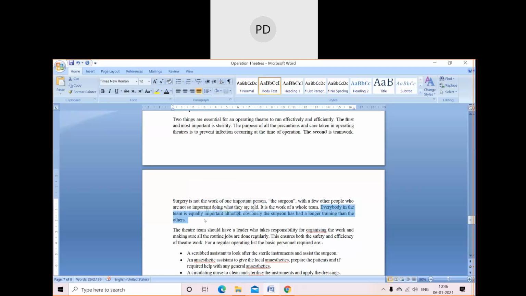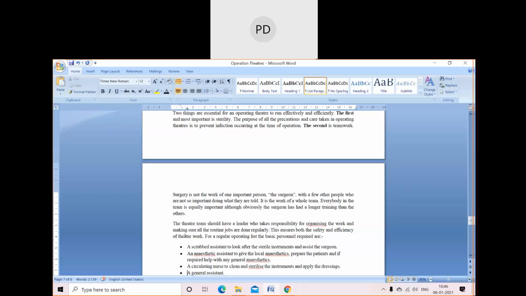Although obviously the surgeon has had longer training than others. But the nurse who is assisting the surgeon would also have an ample amount of experience because she has handled a lot more surgeries than the surgeon.